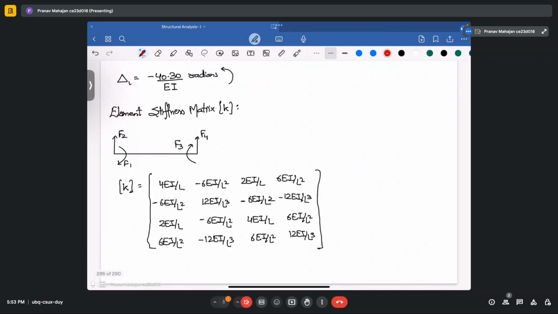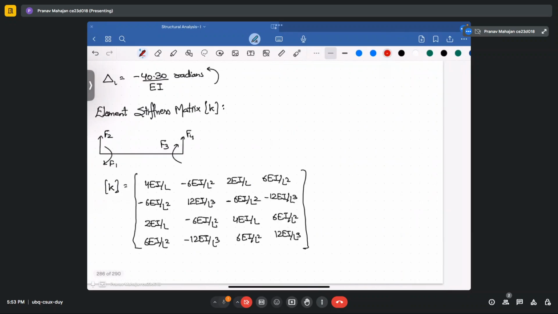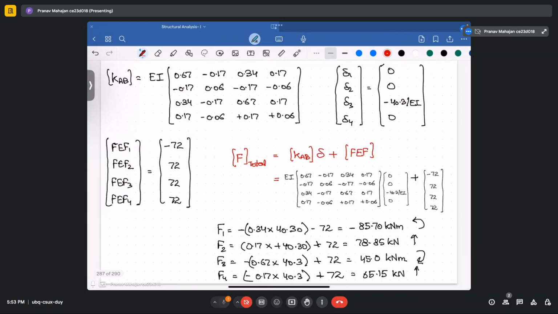Then we first determined the element stiffness for each member, for AB, and then we determined the load vector, displacement vector, and fixed end force vector. And after that, total force equals the stiffness times the displacement plus the fixed end forces that we have calculated.